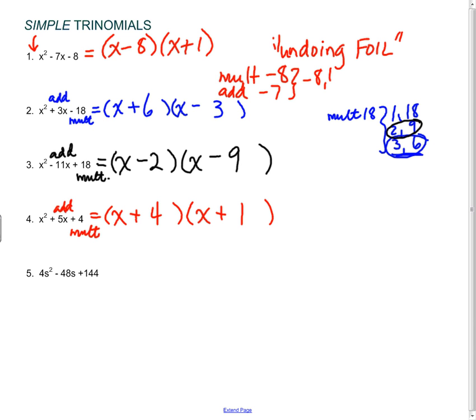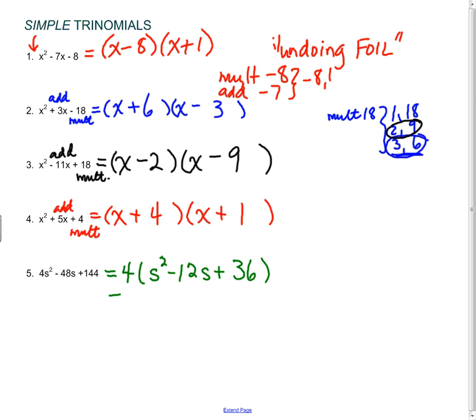The fifth one, we should always look for a greatest common factor first, and this one has one. 4 divides into all 3 terms. So I'm going to factor that 4 out first. 4 times s squared minus 12s plus 36. So we have factored out the 4.